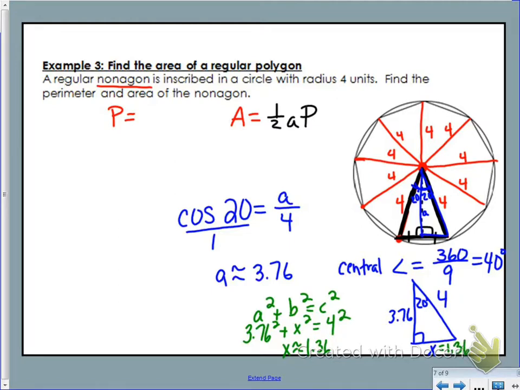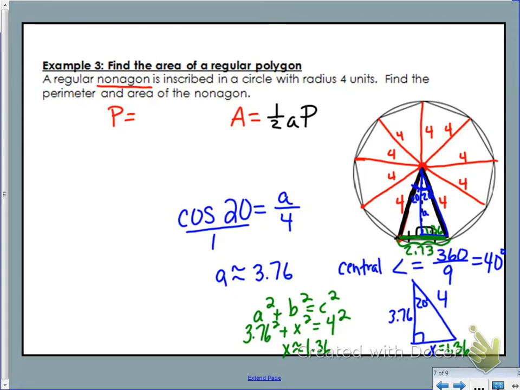The reason why we needed that is we need the side length of the entire nonagon. So if this little part where it was bisected was 1.36, we're going to double it to find the entire side length. So each side length is going to be a total of 2.73 units.